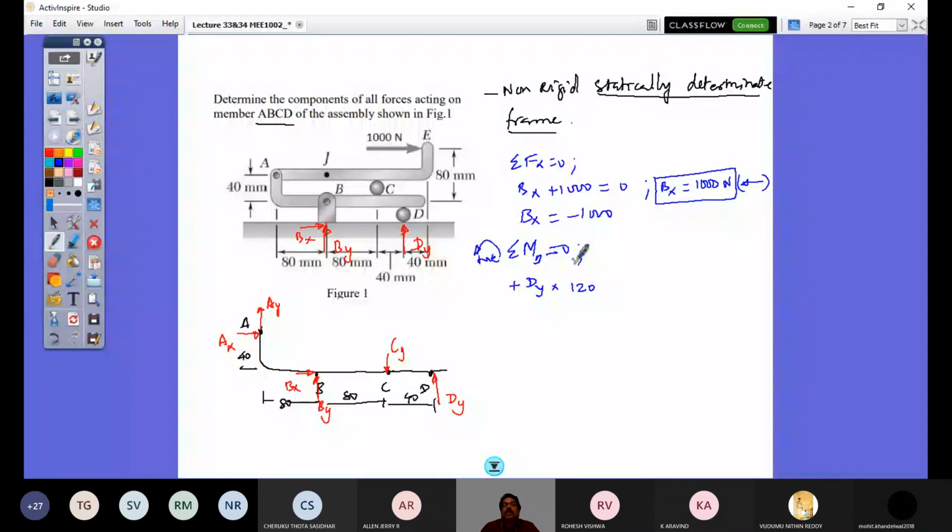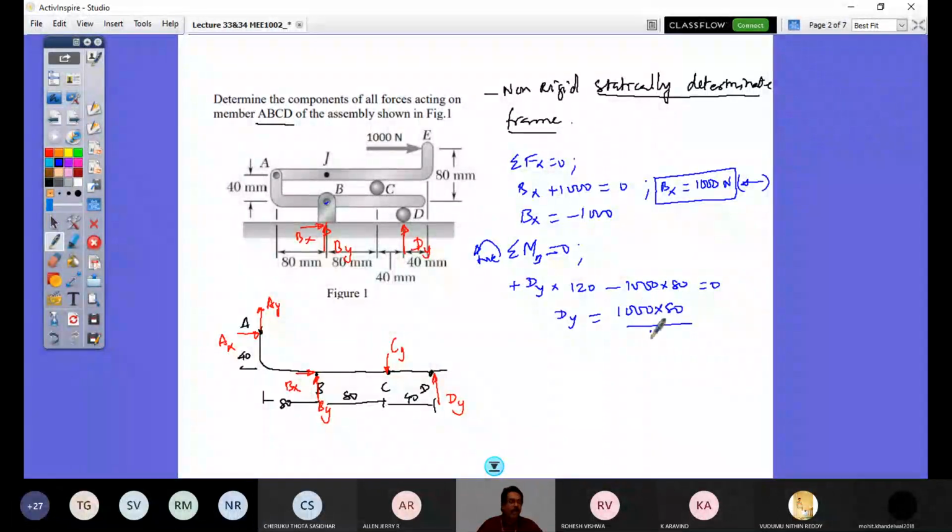Counterclockwise moment sum is equal to 0. So Dy into 120, and the other force is 1000 Newton, which creates at point B a clockwise moment. So minus 1000 into the height from B, which is 80, equals 0.